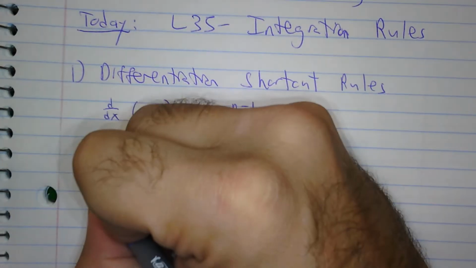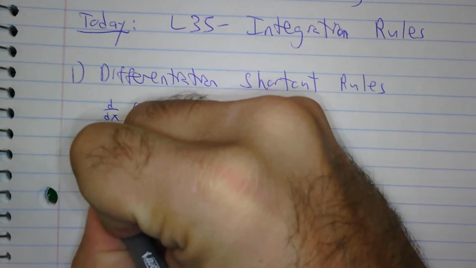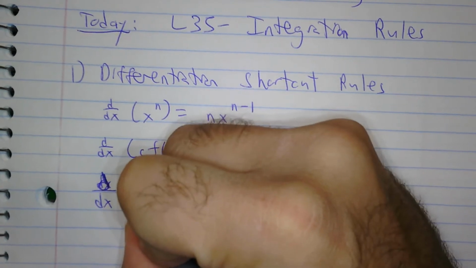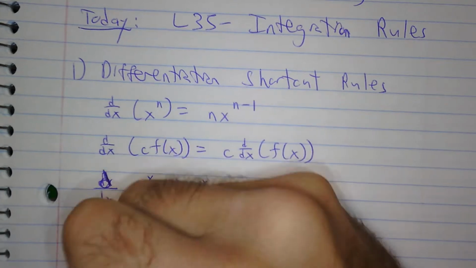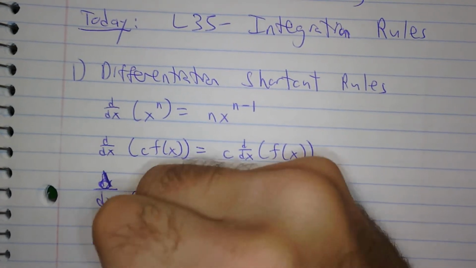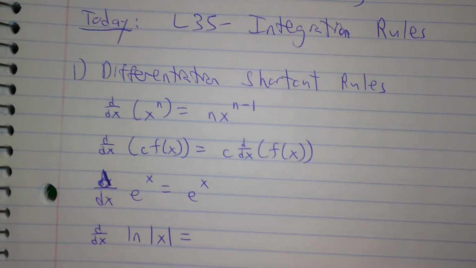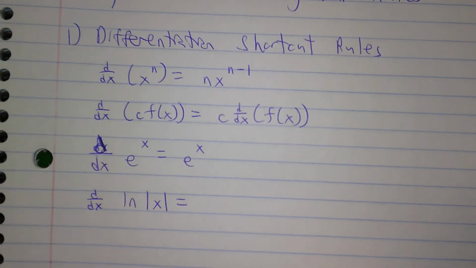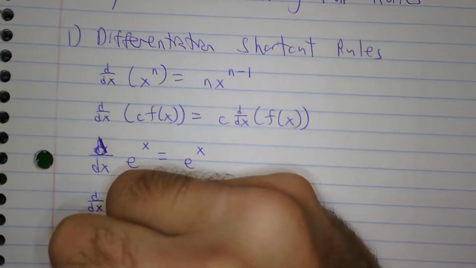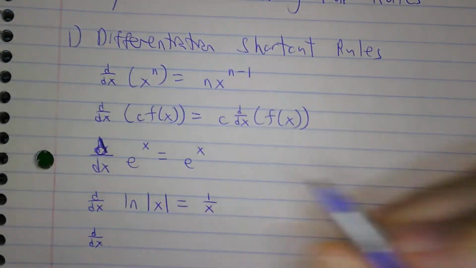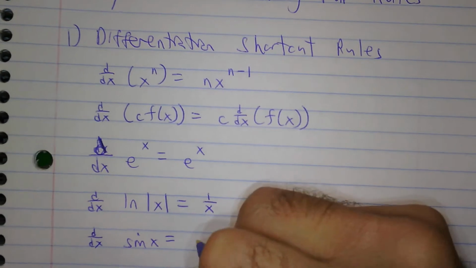All right, let's try some other derivative rules, see if you remember them. D dx of e to the x. That's just e to the x. How about d dx of natural log of the absolute value of x? Do you remember what that is? 1 over x. Just got to memorize these rules, folks. D dx of sine of x, remember what that is? Cosine of x.